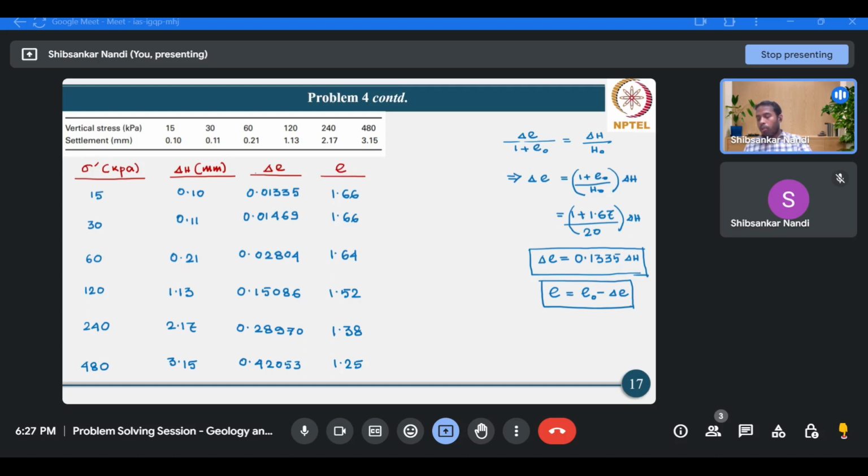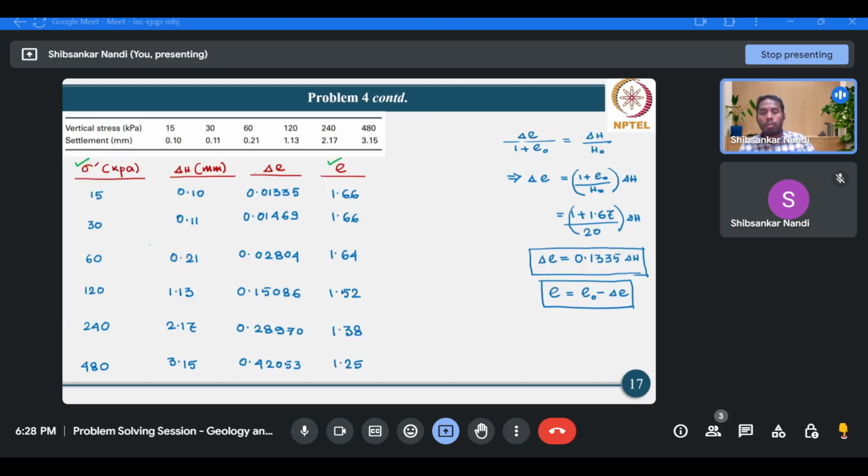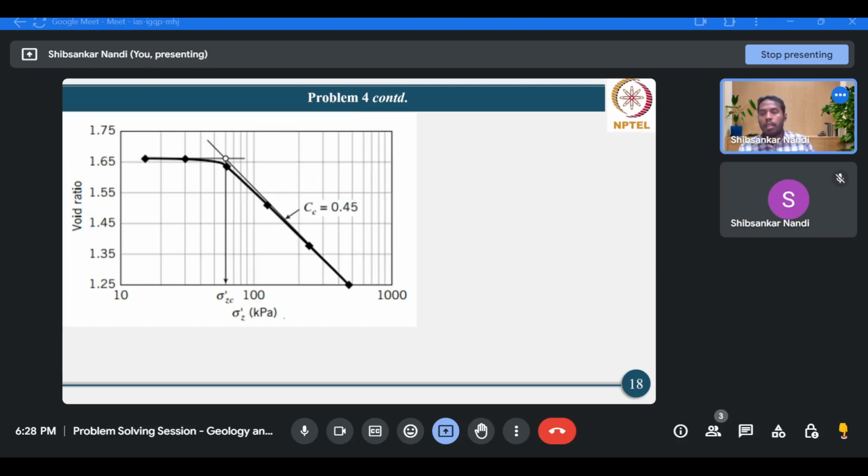Now we can go for the plotting part. So we'll plot these two data, sigma z prime and the void ratio. So void ratio will be on the y-axis, and sigma z prime will be along the x-axis.